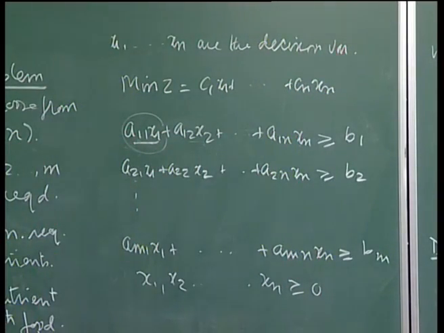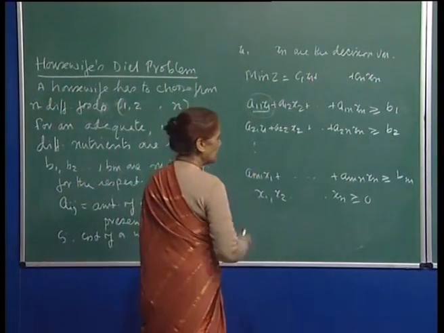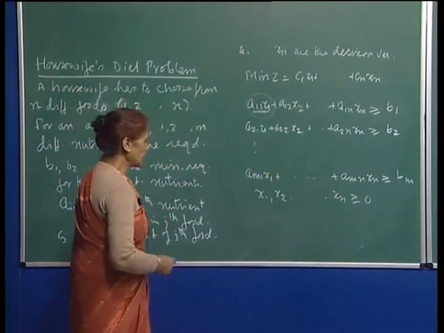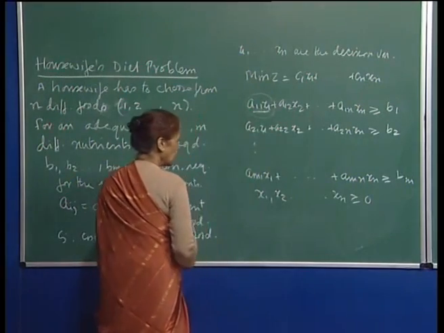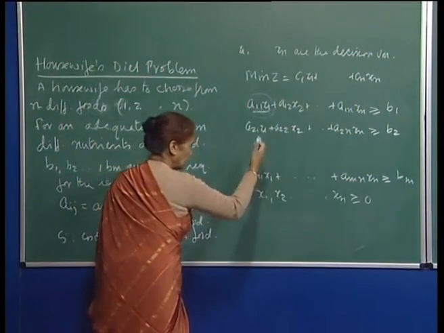So, this is one formulation of the diet problem, the housewife's diet problem, and we can write it in a short matrix notation.